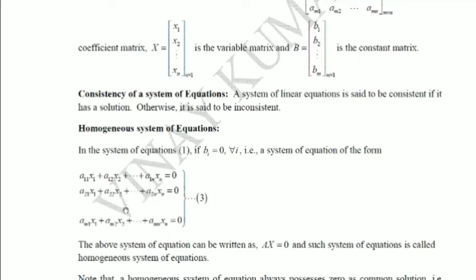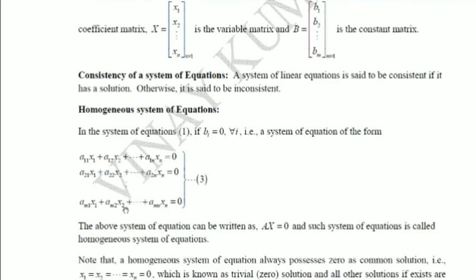So the question arises: do all homogeneous systems of linear equations have only the zero solution? No. For some homogeneous systems, there exist solutions other than zero. That is, at least one of them is non-zero, or maybe all of them are non-zero.